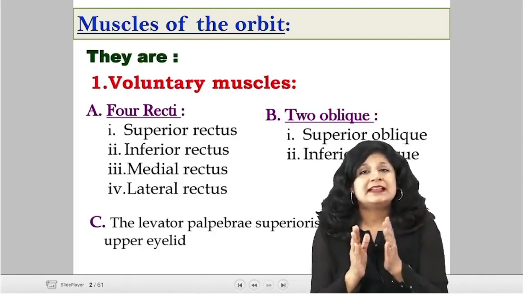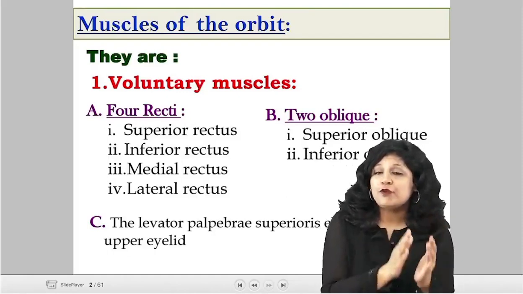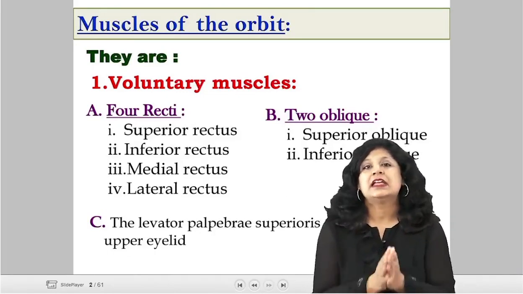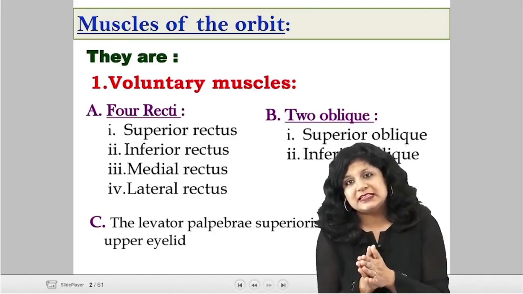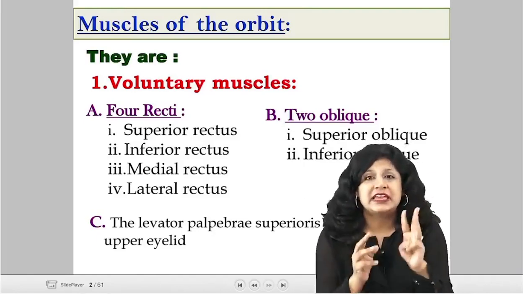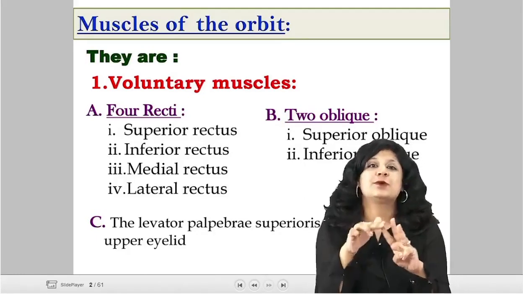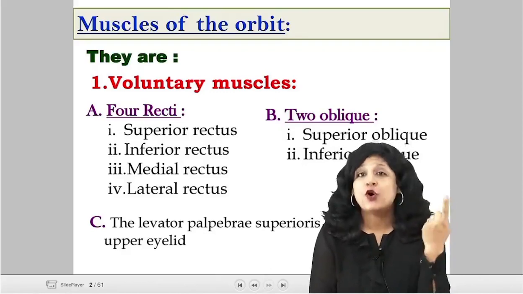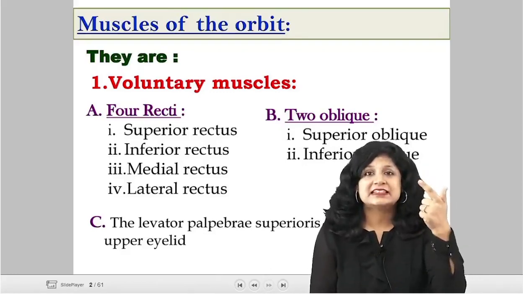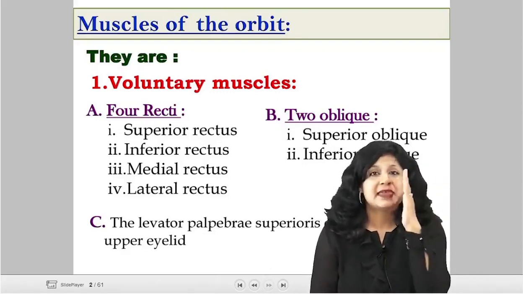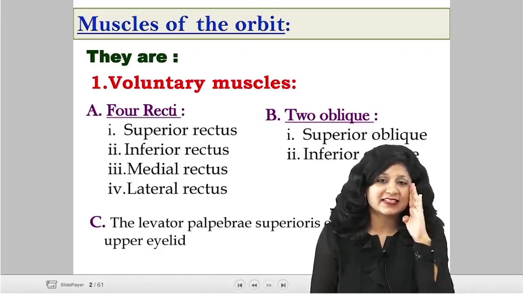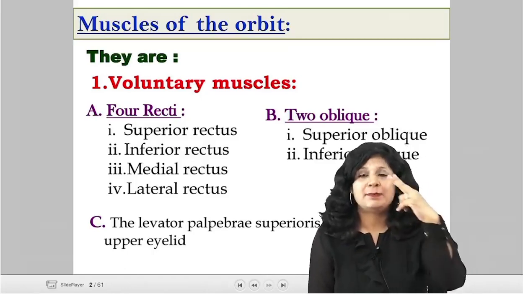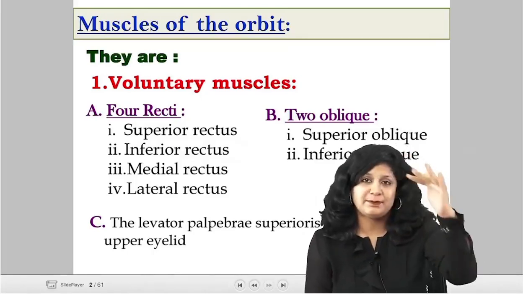Now, we are more concerned with the voluntary muscles here, and these voluntary muscles consist of three groups, and these are called the extraocular muscles. That is your four rectus, superior rectus, inferior rectus, medial rectus, lateral rectus, the two obliques, superior oblique and inferior oblique, and one that is the LPS muscle.